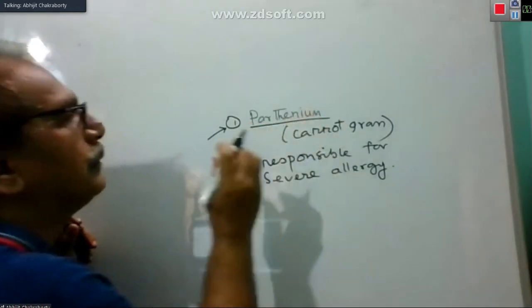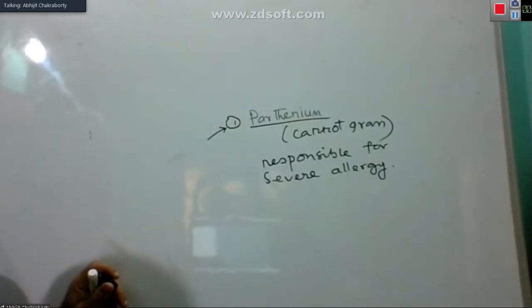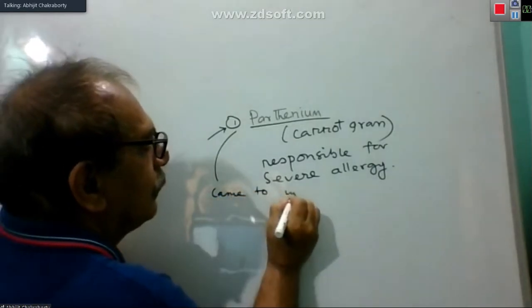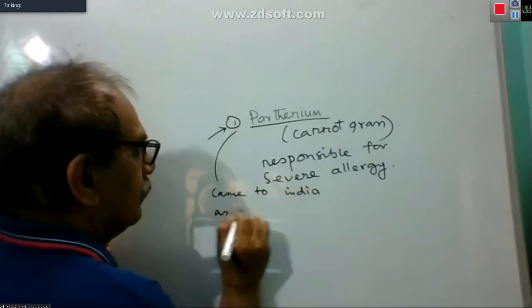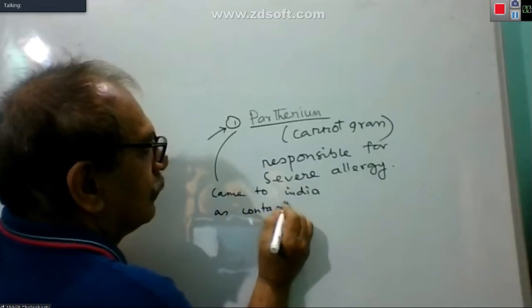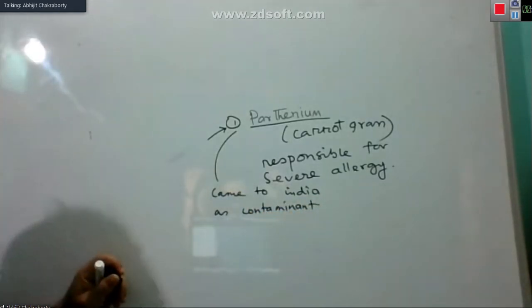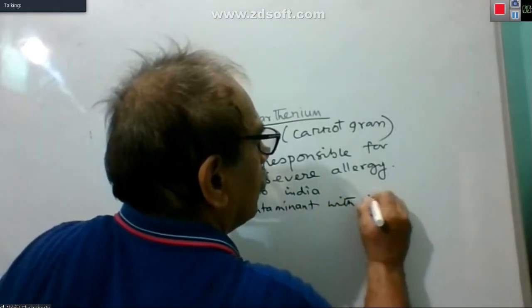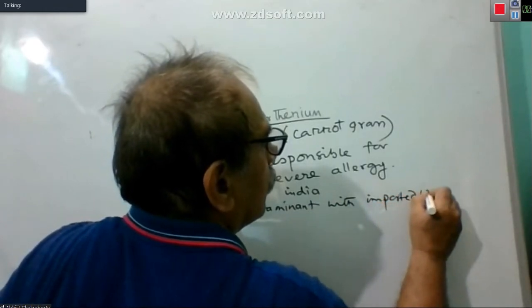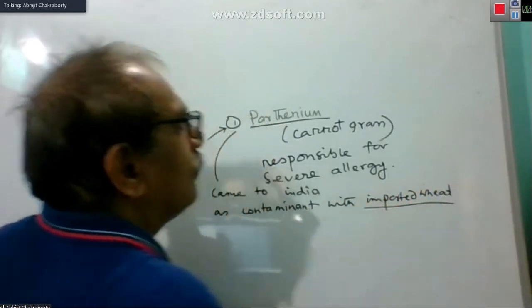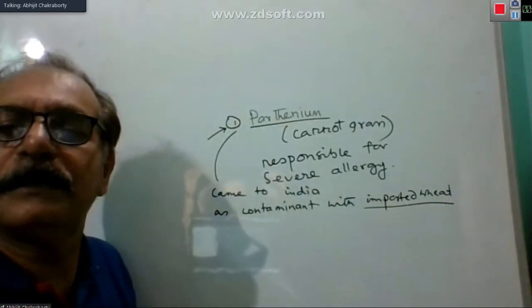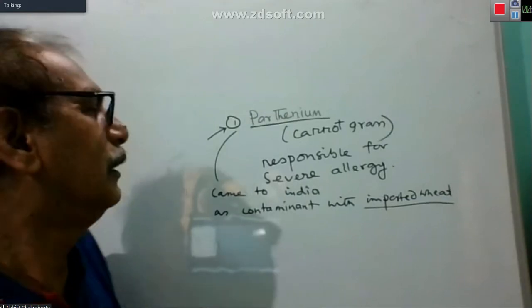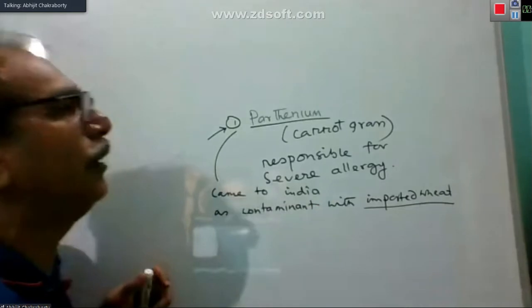The seeds of this small plant came to India as a contaminant, imported from an American country along with wheat.